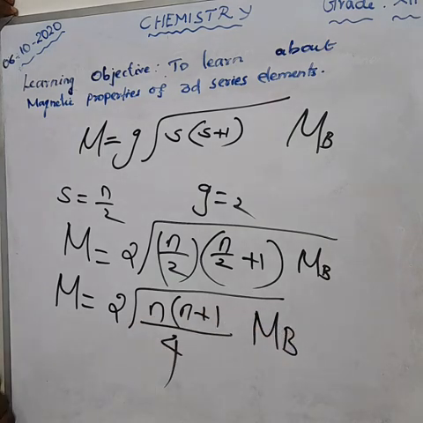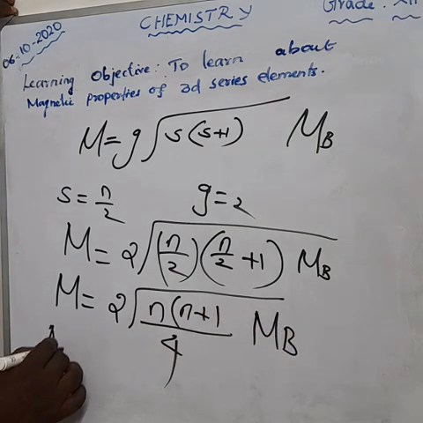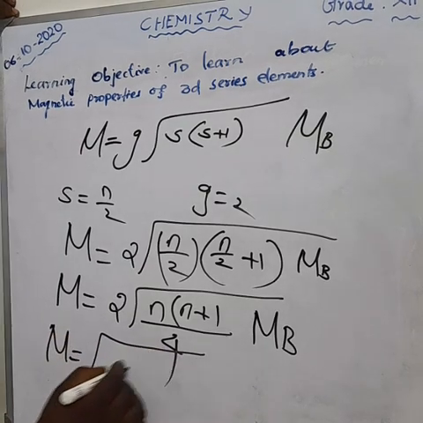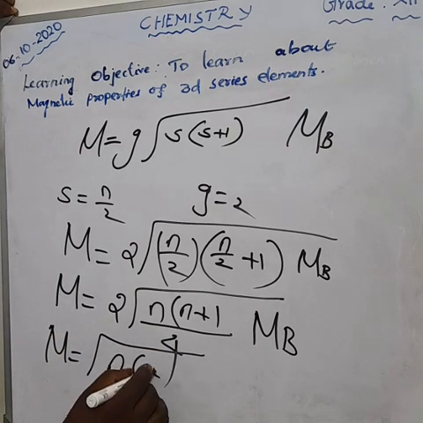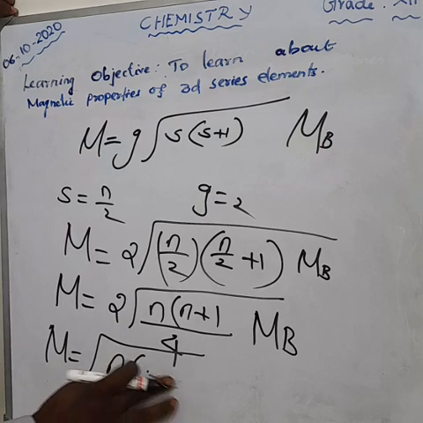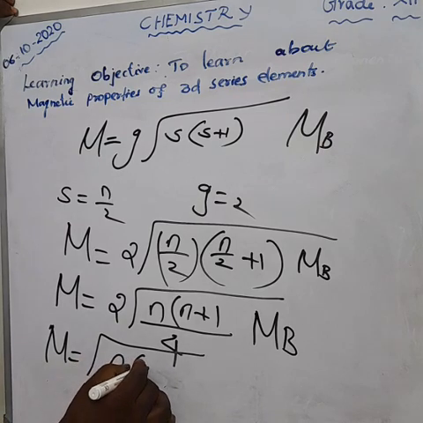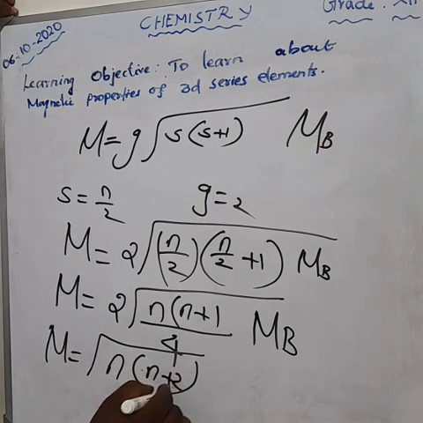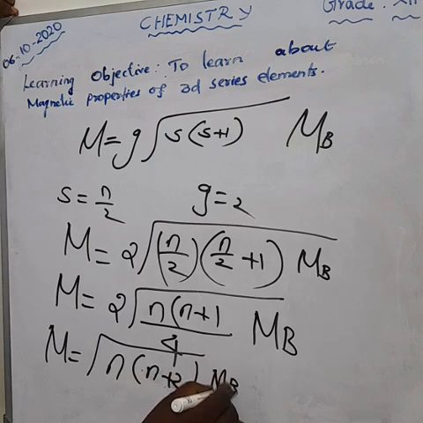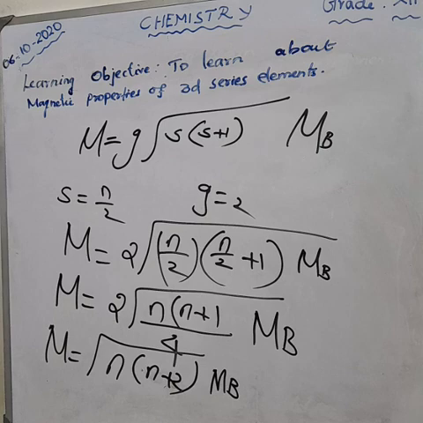Can you write it? And also mu is equal to root of n into n plus 2 Bohr magneton. These are the formulas to calculate the magnetic moment.